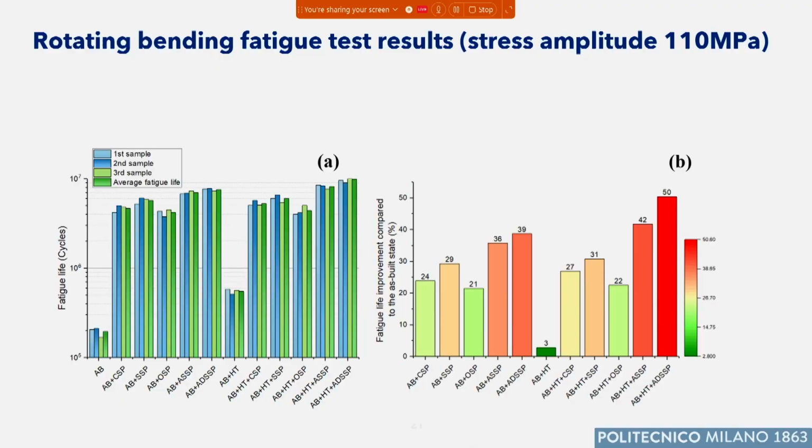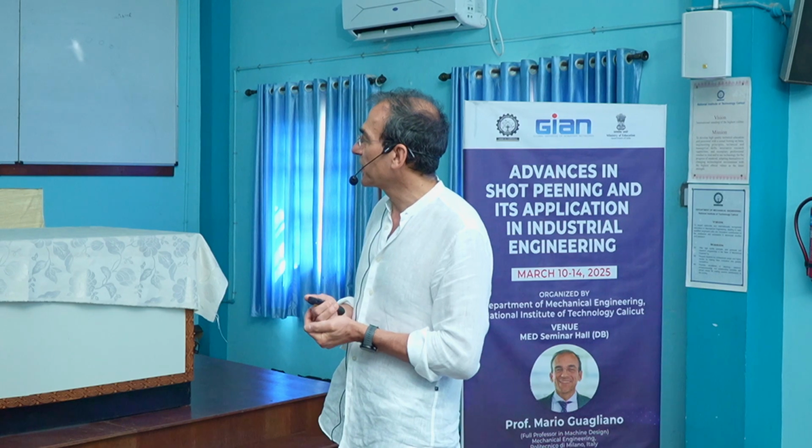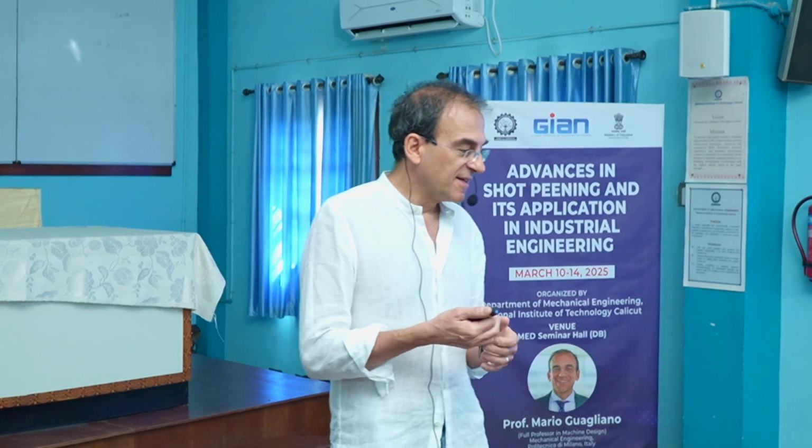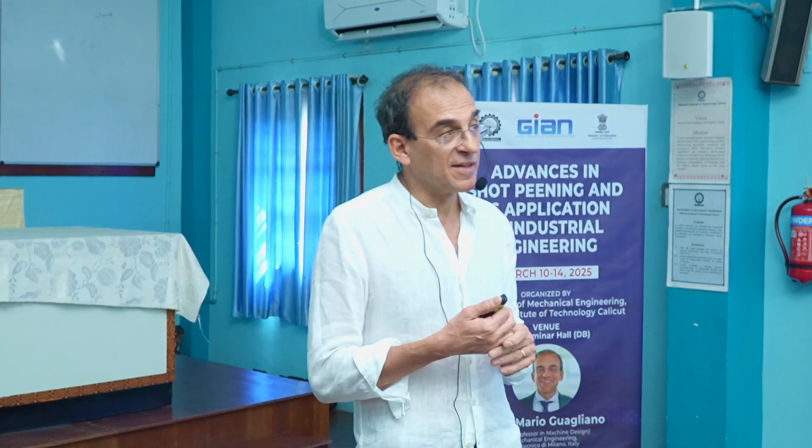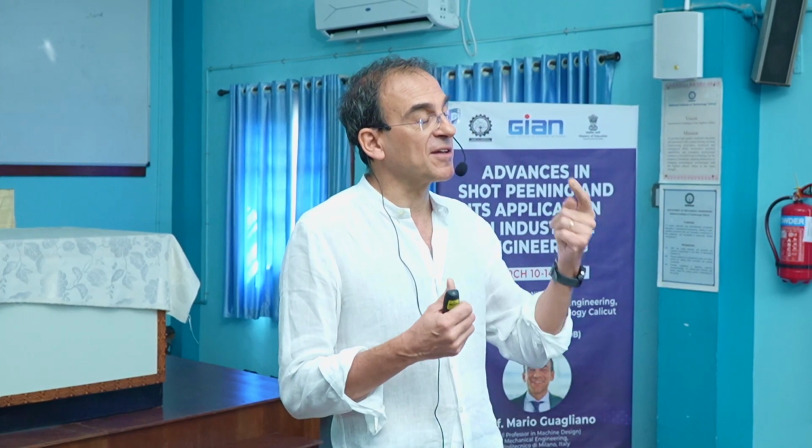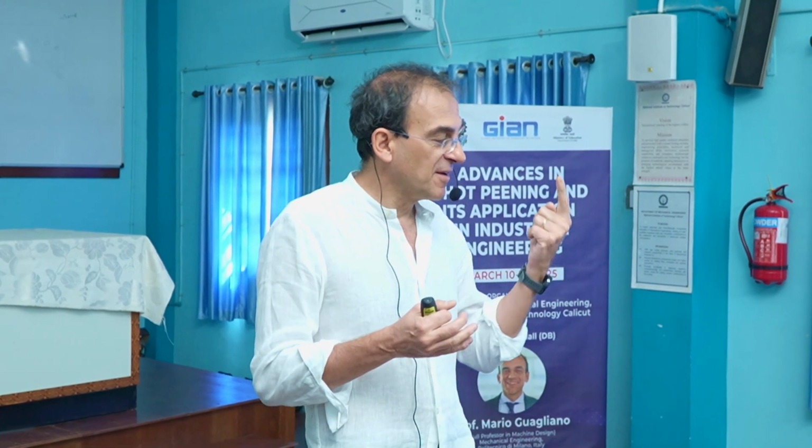So let's go to fatigue now, the fatigue strength. This is what is more interesting to comment on from a practical point of view. In the as-built condition, due to the limited number of samples, we considered one stress amplitude for all the treatments, and 3 samples for each treatment.